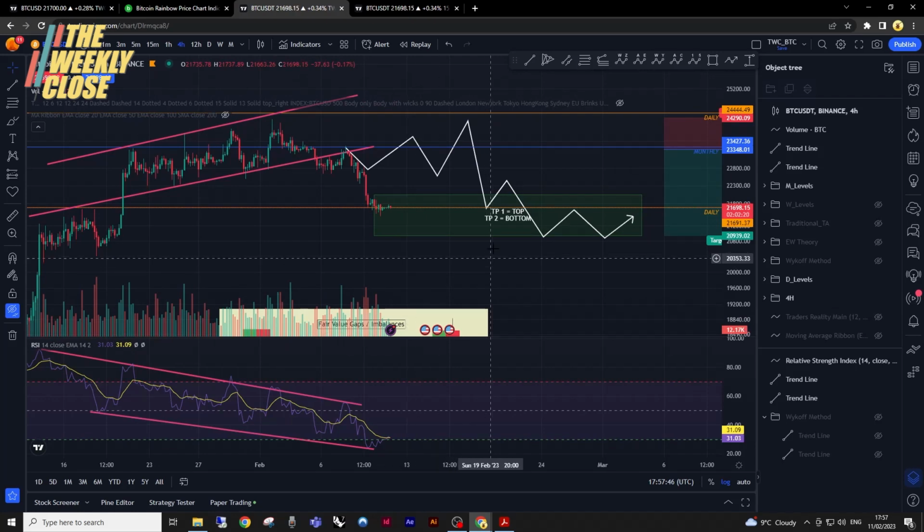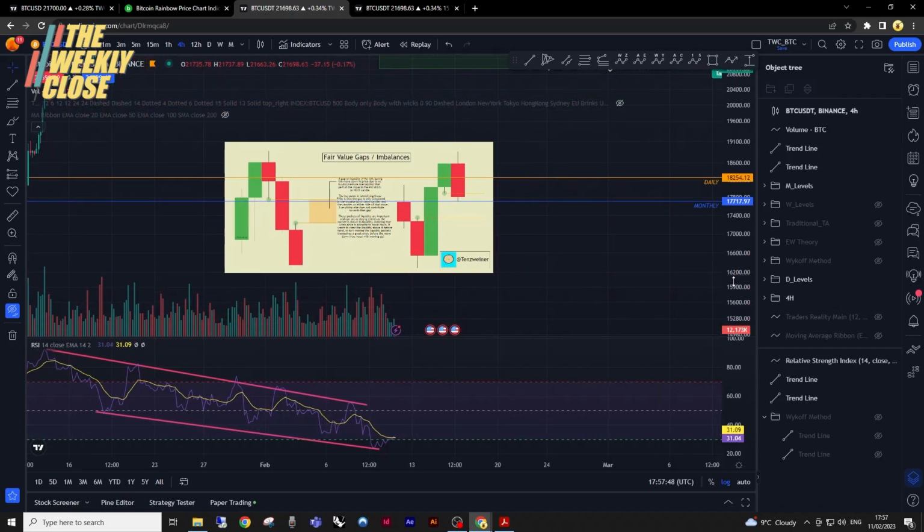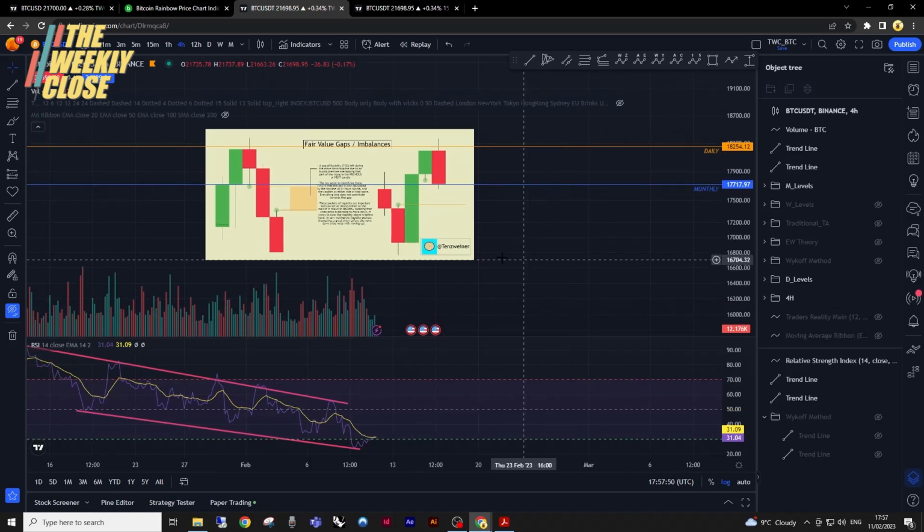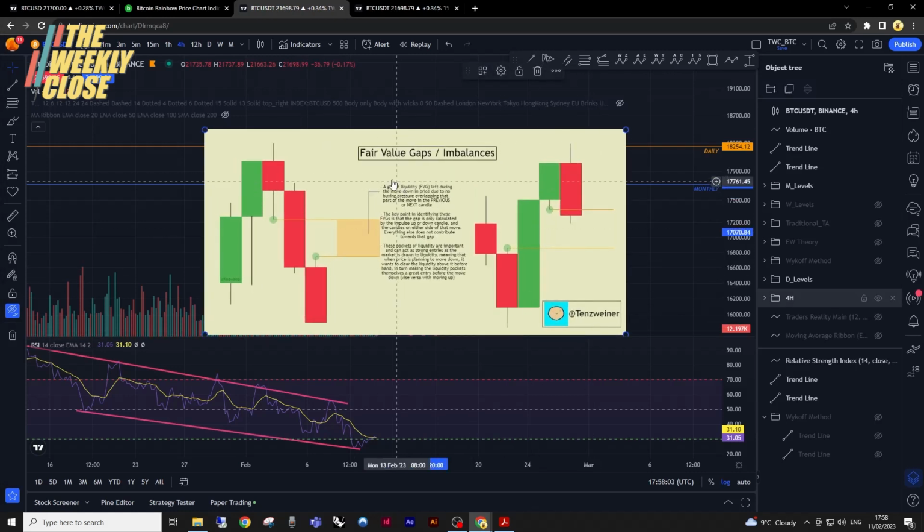And the reason I think we're going to fall back into that is, as I said, about my 3 principles that I play by: time from high to low, PVSRA, price, volume, strength, resistance analysis, and then searching for those imbalances and confluences, because of fair value gaps. When you start getting onto the lower time frames, these are gaps of liquidity left during the move down in price due to no buying pressure.